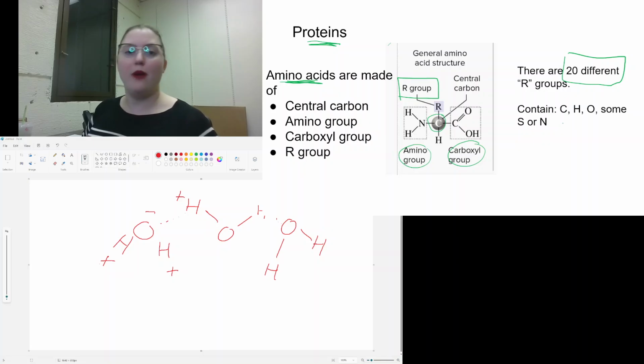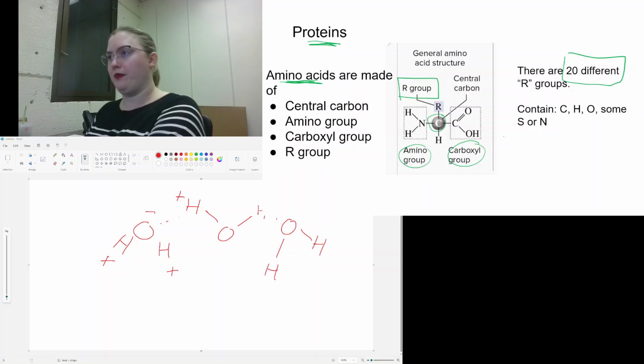You may have had to memorize them at some point, so leucine, lysine, tryptophan, things like that. And they typically contain carbon, hydrogen, oxygen, sulfur, nitrogen in some configuration or another. Okay, so proteins are made of amino acids, which are made of these four things: central carbon, amino group, carboxyl group, R group.